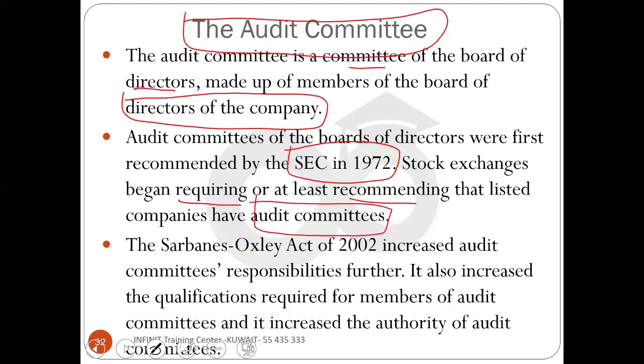At least stock exchanges started recommending that listed companies, public companies, should have an audit committee. Then comes Sarbanes-Oxley Act, or we call it as SOA, of 2002 to increase audit committee's responsibilities further.